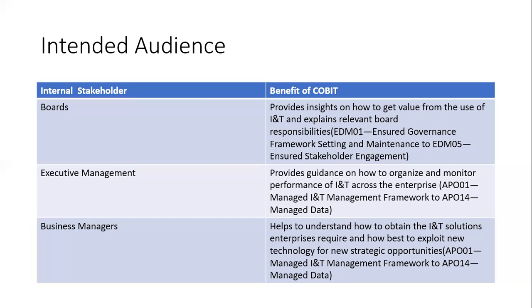APO01 to APO14, manage data, just like for executive management, can help. In obtaining I&T solutions, BAI, the Build, Acquire and Implement domain, can also help, as its objectives are relevant for business managers. A lot of business managers come from a business background.